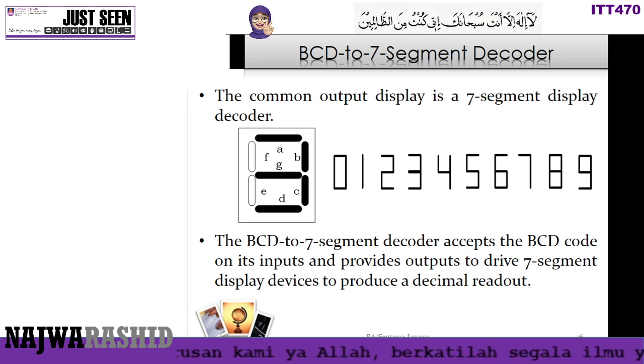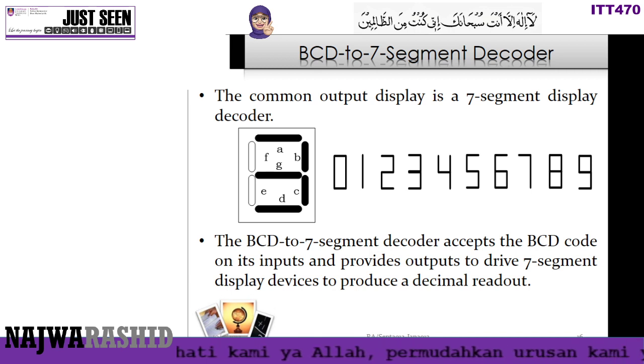When you look at your calculator, you can also identify these 7 segments on your calculator screen. It will display based on these segments. These segments help to generate and display the decimal number, either 0, 1, 2, 3, 4, 5, 6, 7, 8, or 9.